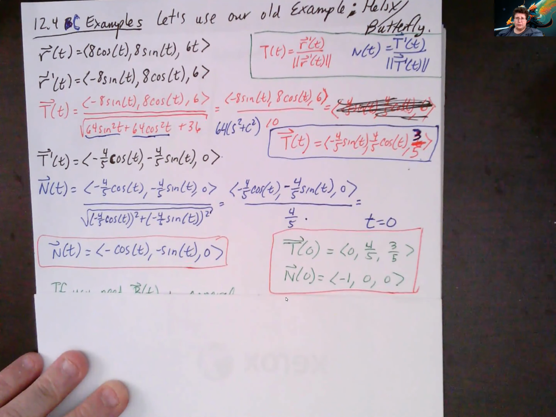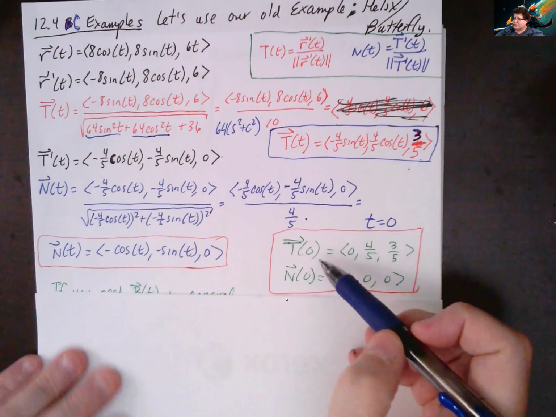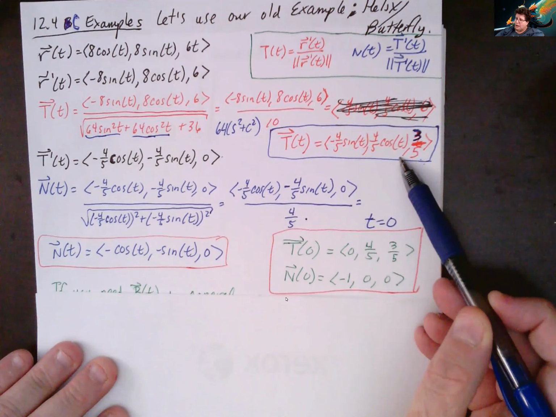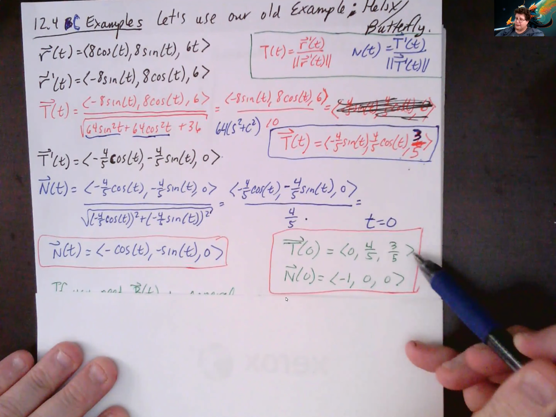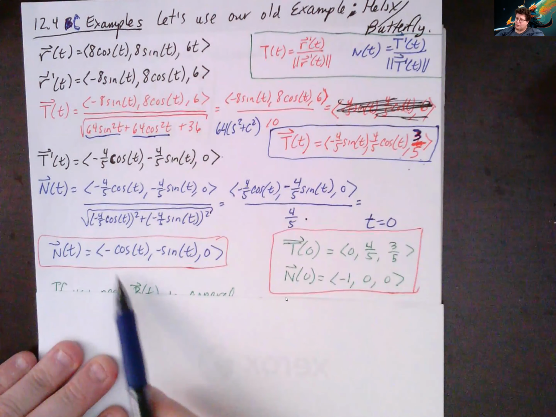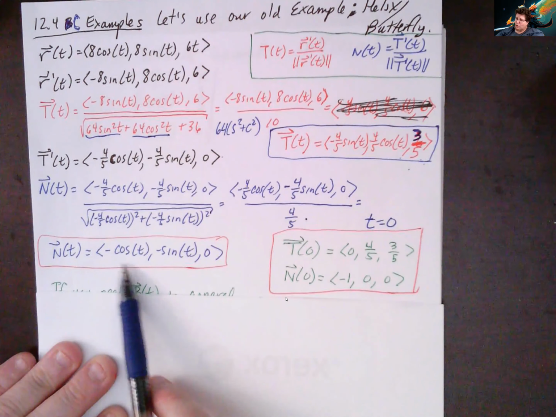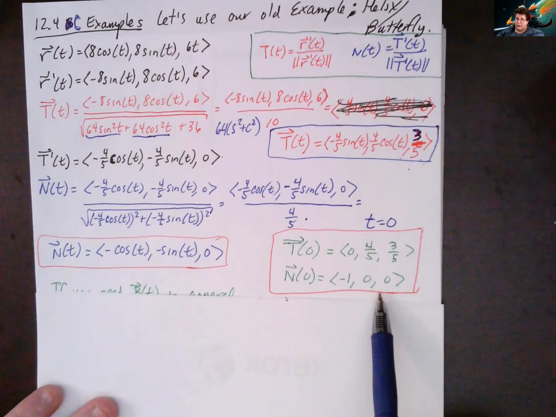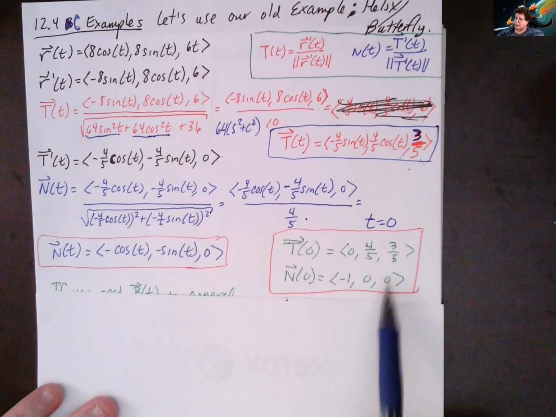I don't even know if that's a word. Pretty horrendous. So if I plug 0 into our tangent vector, sine is 0, cosine is 1. We get 0, 4/5, and 3/5. If I plug 0 into our normal vector, I've got negative 1, 0, 0. And we can find B of 0 just by doing the cross product of those two.